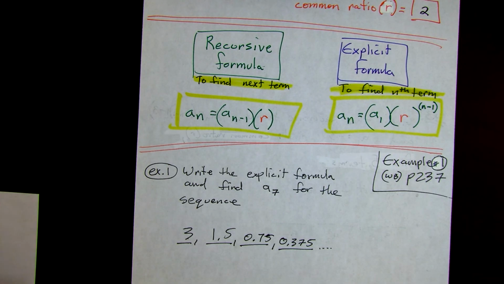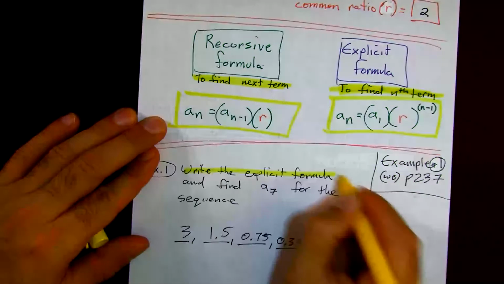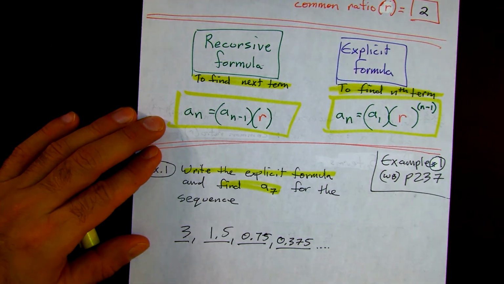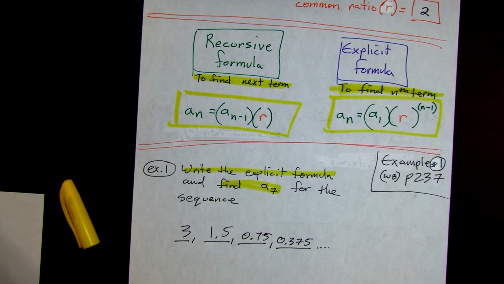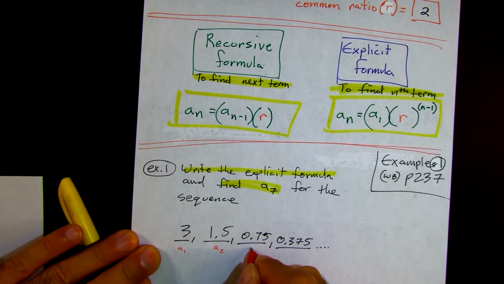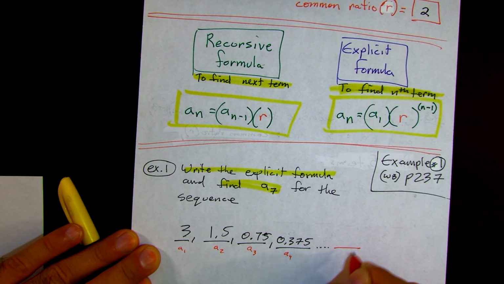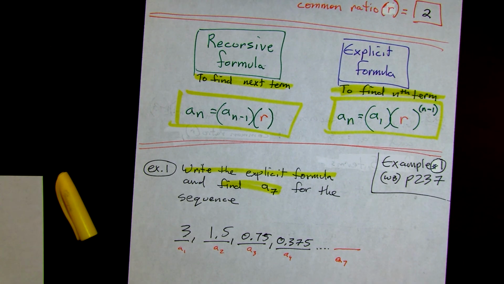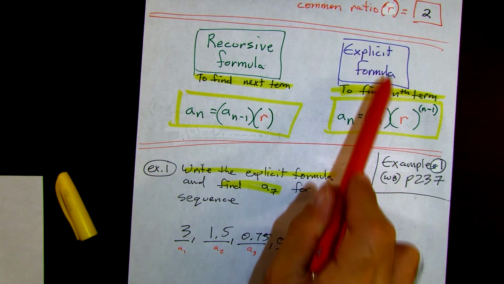Now let's look. What do we have to do for this? Write an explicit formula. Find a sub 7 for this sequence. So look, I know that a sub 1, a sub 2, a sub 3, a sub 4. I need to find a sub 7, and I'm going to do that by creating an explicit formula.